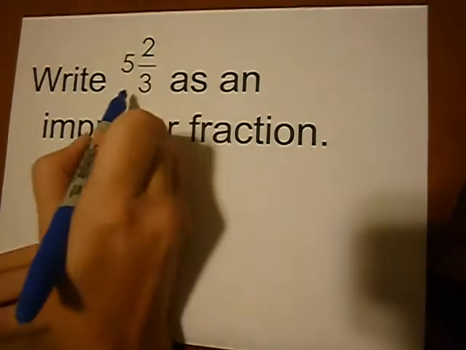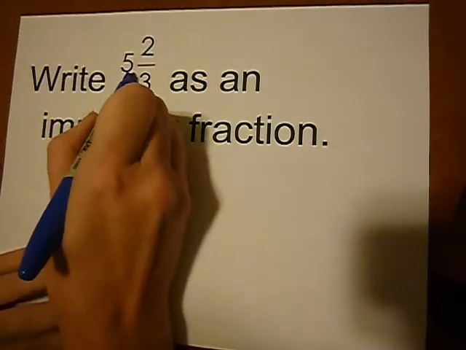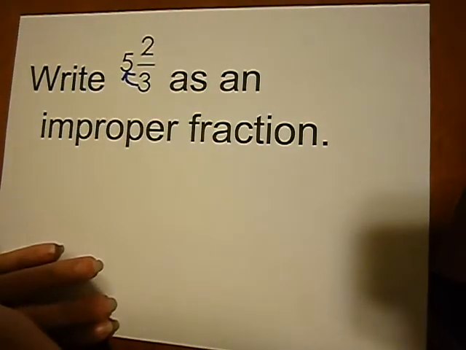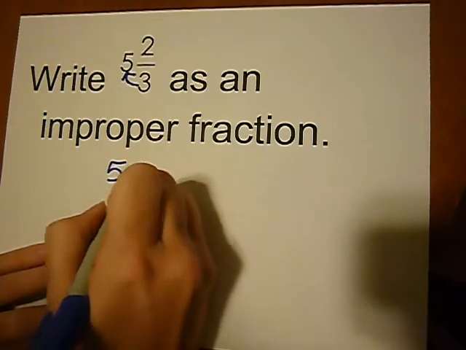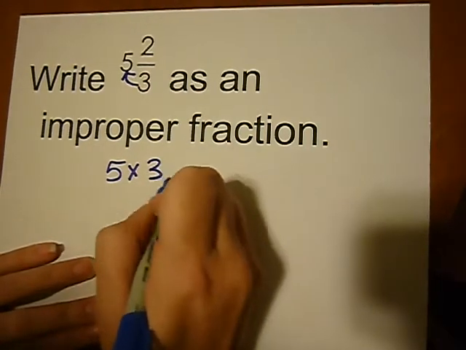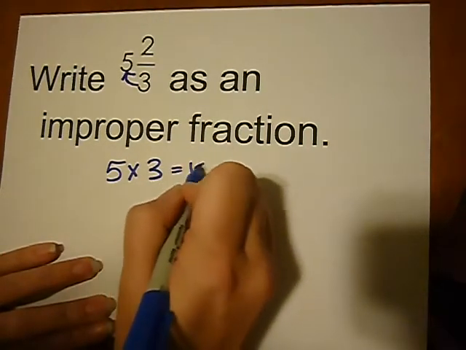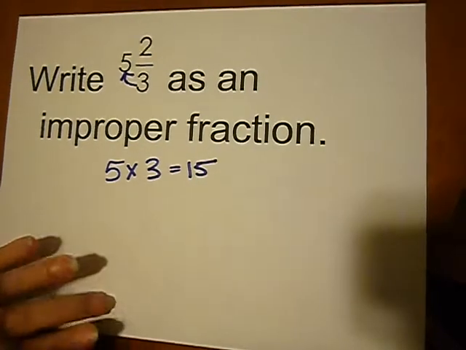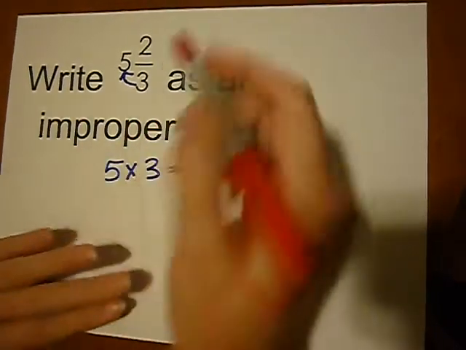Okay, so I'm going to multiply the 5 times the 3. So 5 times 3 is 15. And then I'm going to add the 2.